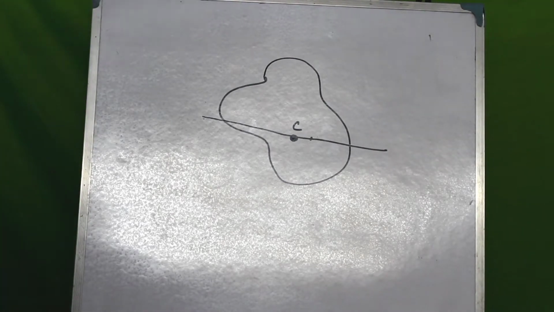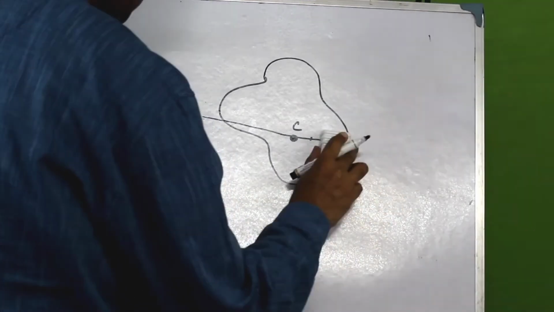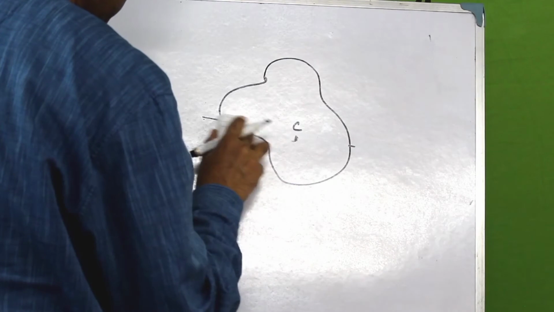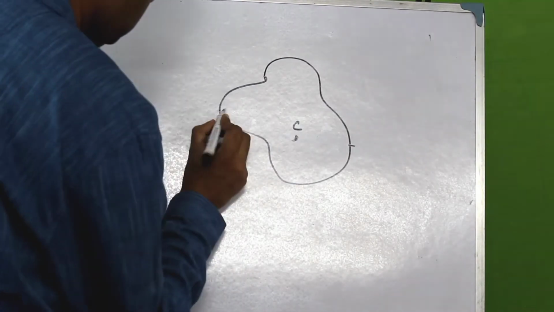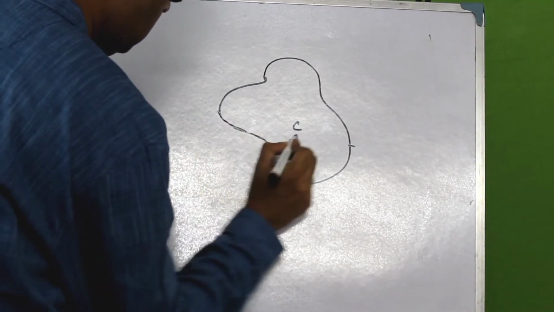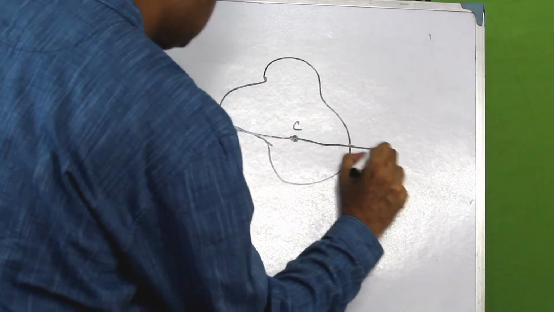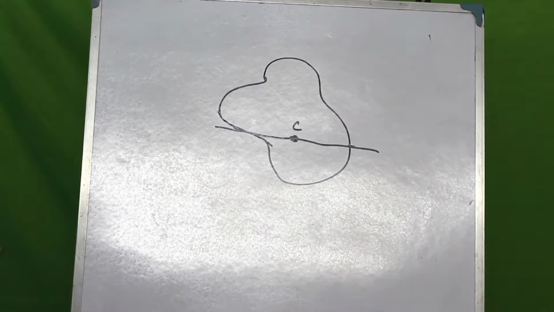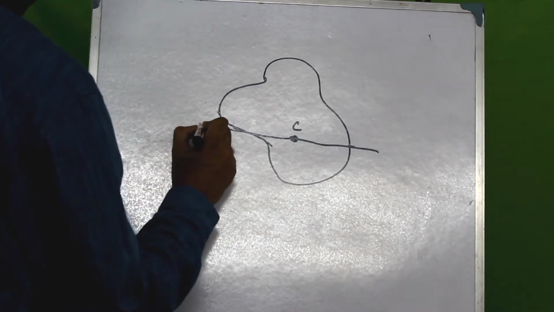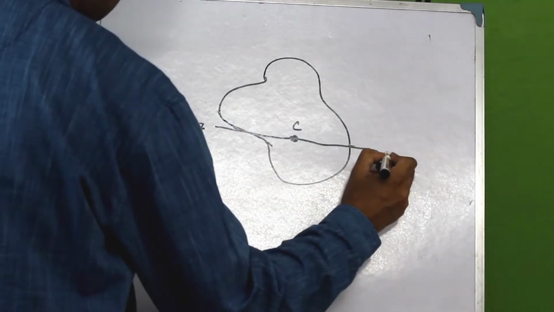Now let me draw it more horizontally like this. So now this is the axis that we have. Let this be represented as the z-axis.